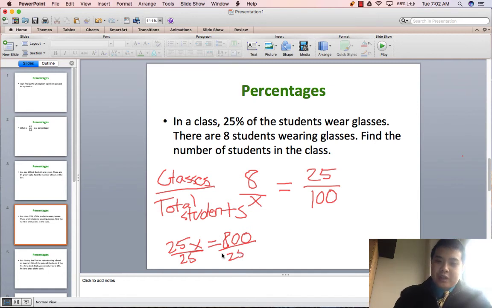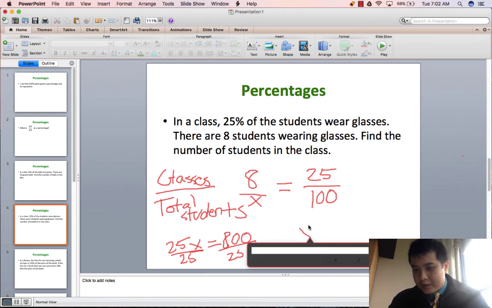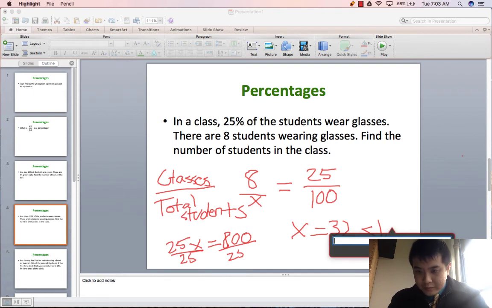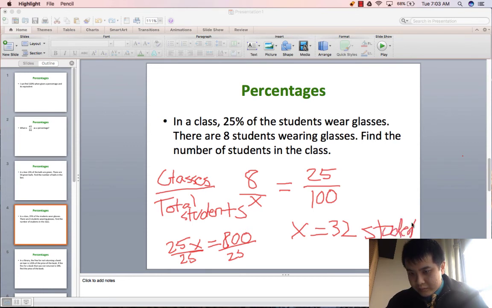This is essentially saying how many quarters there are in $8, which is 32. So 8 times 4 is 32. So x equals 32 students. I apologize for the bad handwriting.